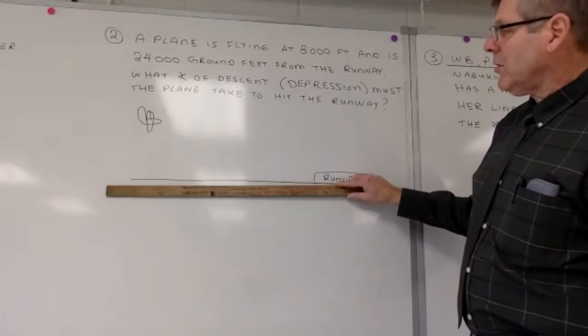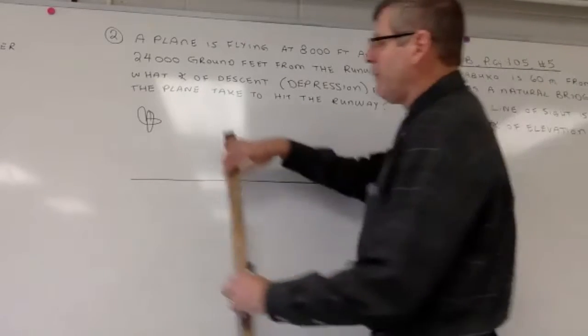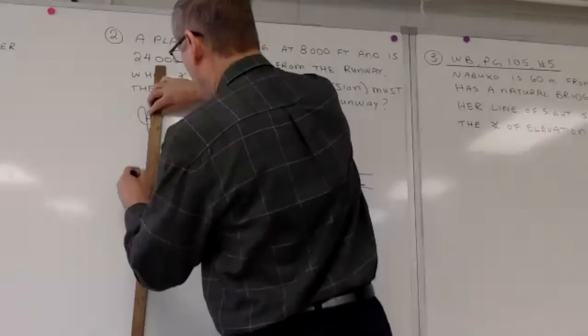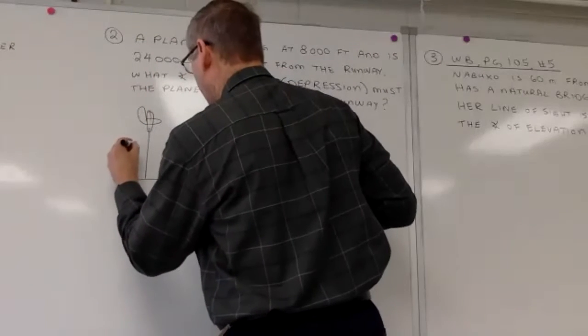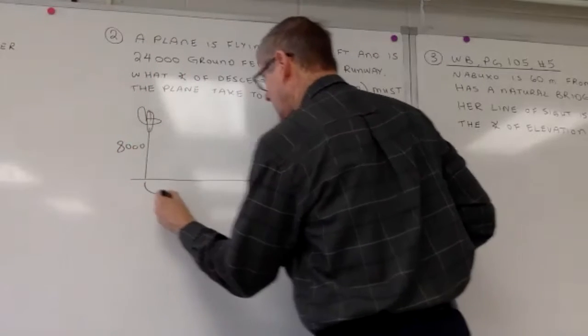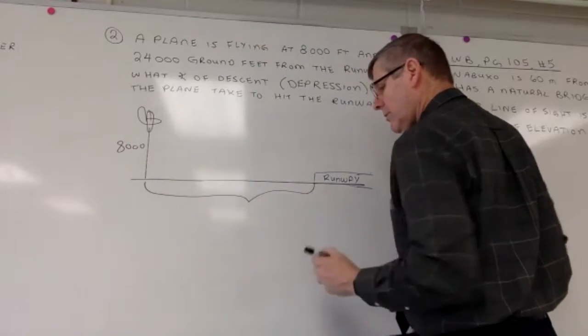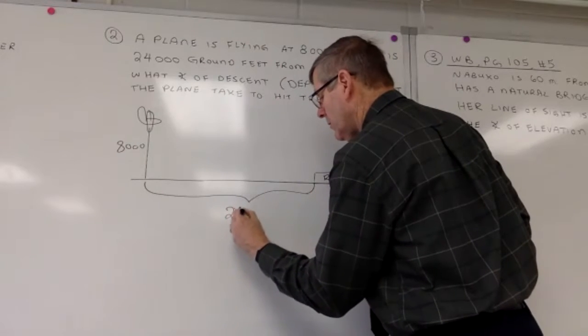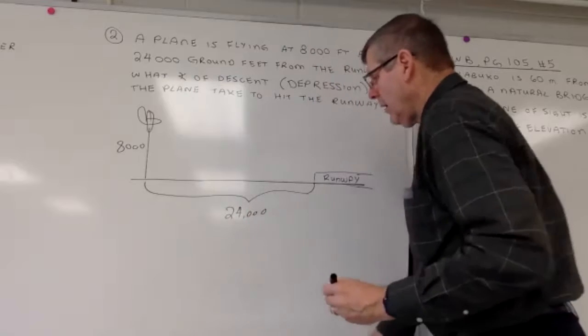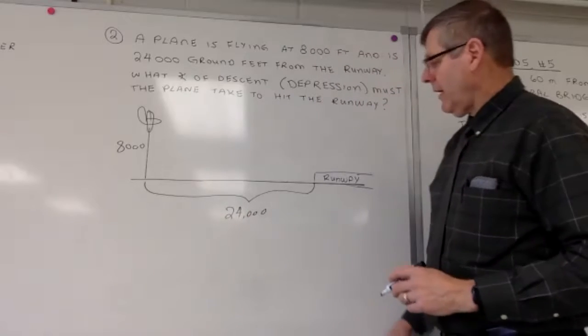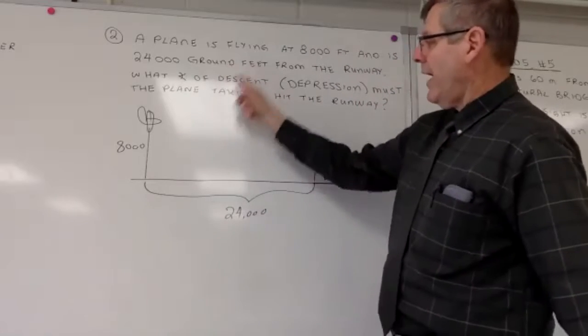So I'm going to assume that the ground is level. I know that my plane is 8,000 feet high. And I know that the distance along the ground from the plane to the runway is 24,000 feet. This is what we mean by ground feet.